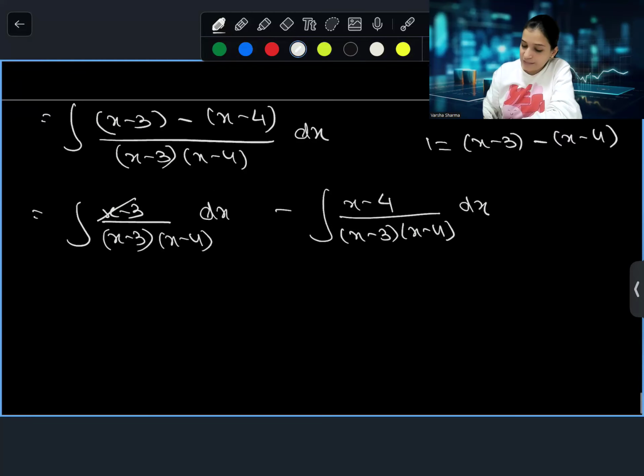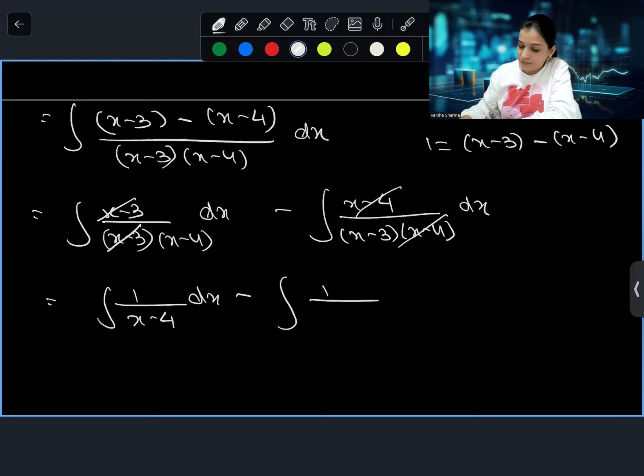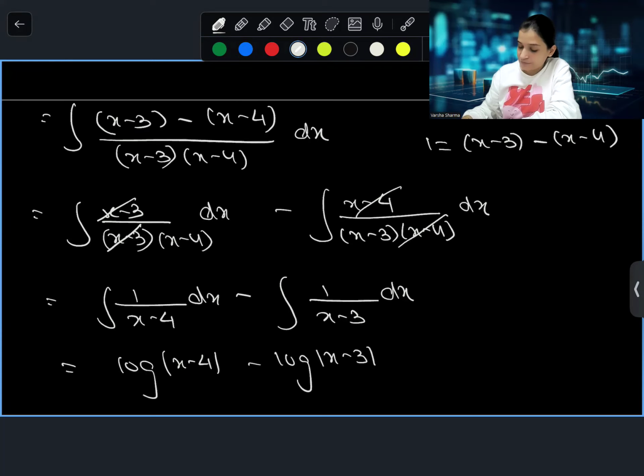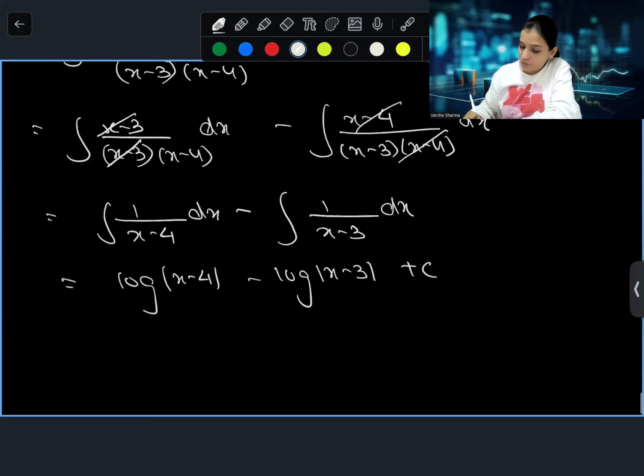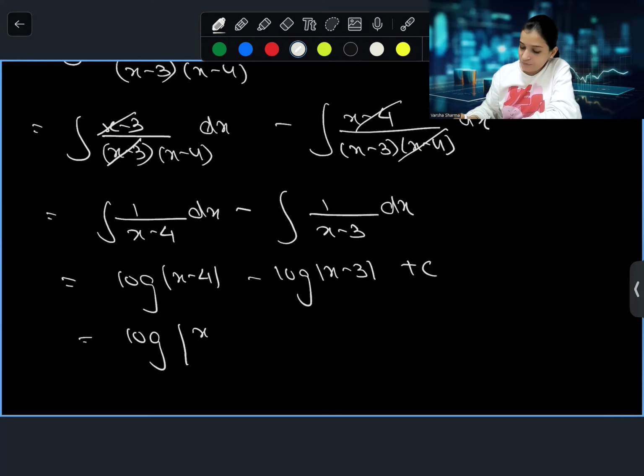In the first one, x minus 3 gets cut. Second one, x minus 4 gets cut. So log x minus 4 minus log x minus 3. Log a minus log b, log a by b.